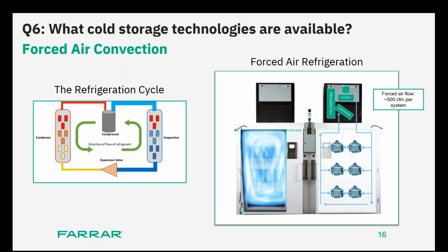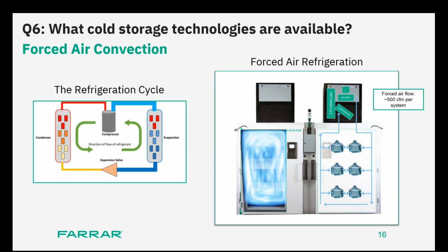Aspect number two is the concept of forced air itself. So remember, if we go back, I mentioned that with the standard cold wall technology, it was stagnant air or natural convection. There's no mechanical force aiding in the process. Here, we actually use a blower motor to push air in a circular motion throughout the chamber at a very high volumetric flow rate.